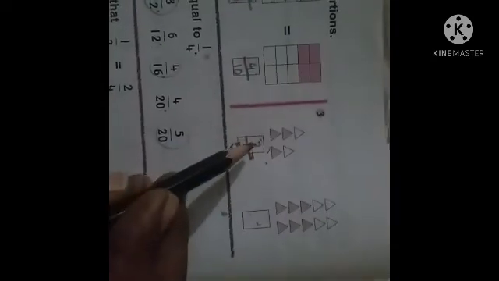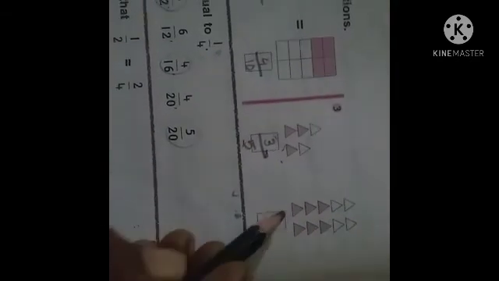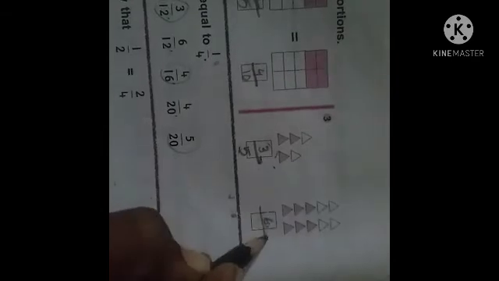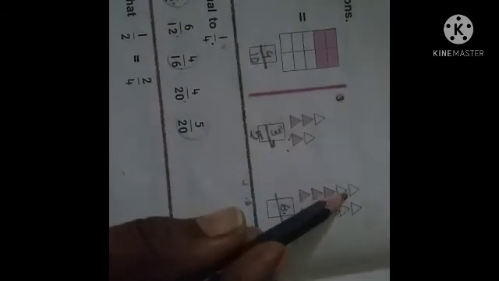Total number of triangles: 1, 2, 3, 4, 5. 5 is the denominator. Read as 3 by 5. Here 6 triangles are shaded. Then write the denominator: 1, 2, 3, 4, 5, 6, 7, 8, 9, 10.